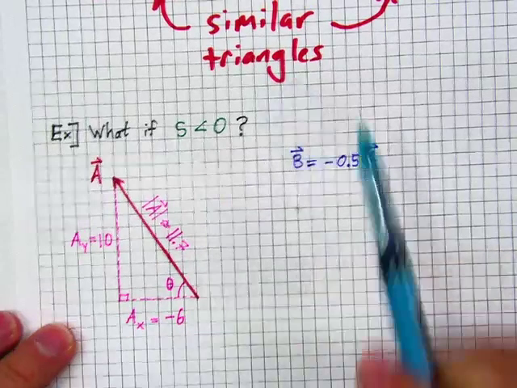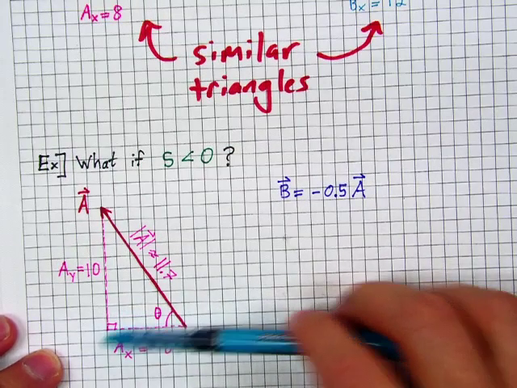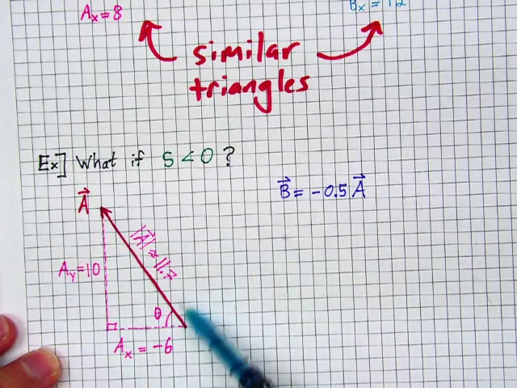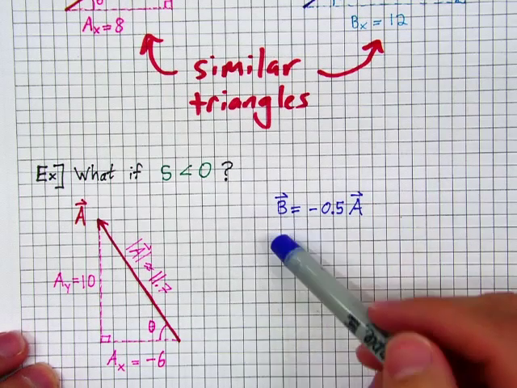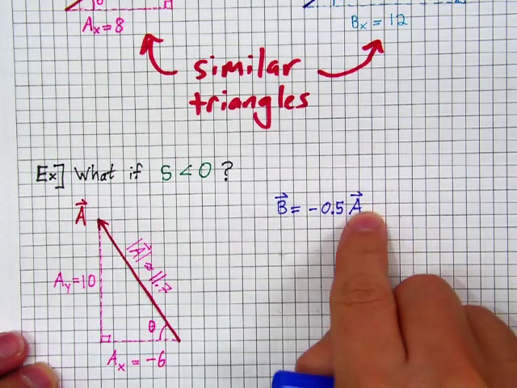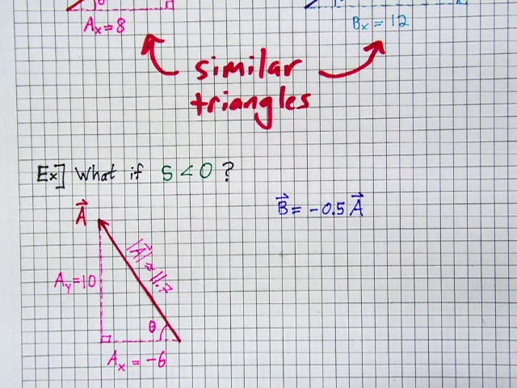Suppose we've got this original vector A now here with x component negative 6, y component plus 10, and a magnitude that's about 11.7. What if we construct a new vector B by taking A and multiplying it by a negative number, let's say negative 0.5? What then happens? What does vector B look like?